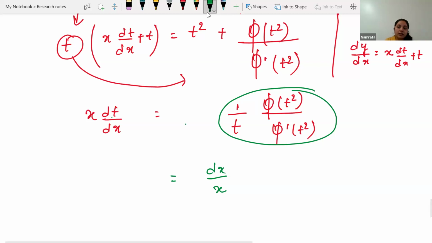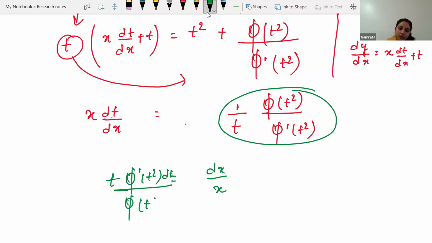So we can also write it as t phi dash t square dt over phi of t square. Is equals to sign is there in between. Is it clear so far? Yes. Let's move ahead.